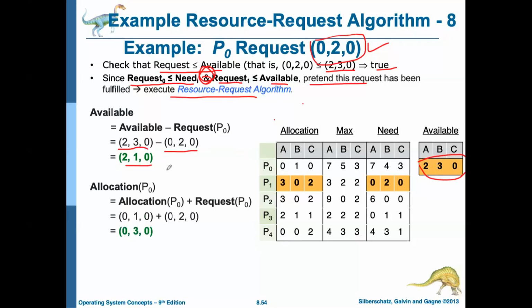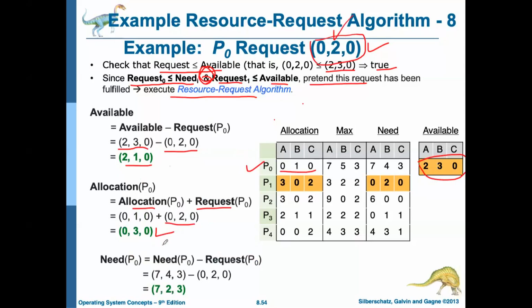And then allocation: allocation of P0 is 0, 1, 0, is this, and also this, and then plus the request. The current request is 0, 2, 0, so it will become 0, 3, 0. So now the value of allocation is 0, 3, 0.